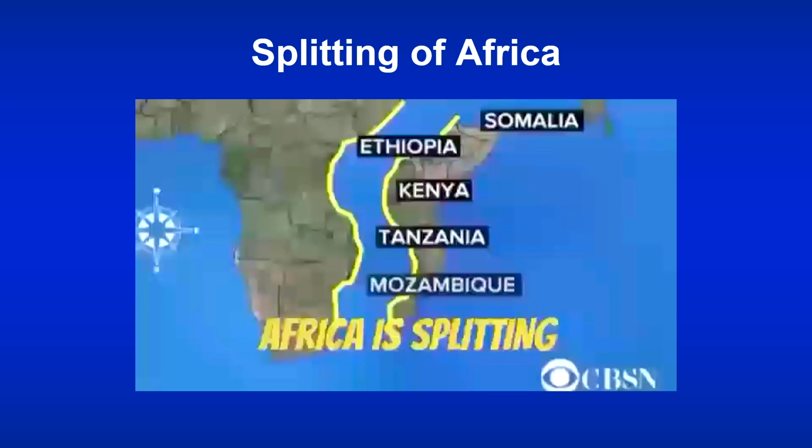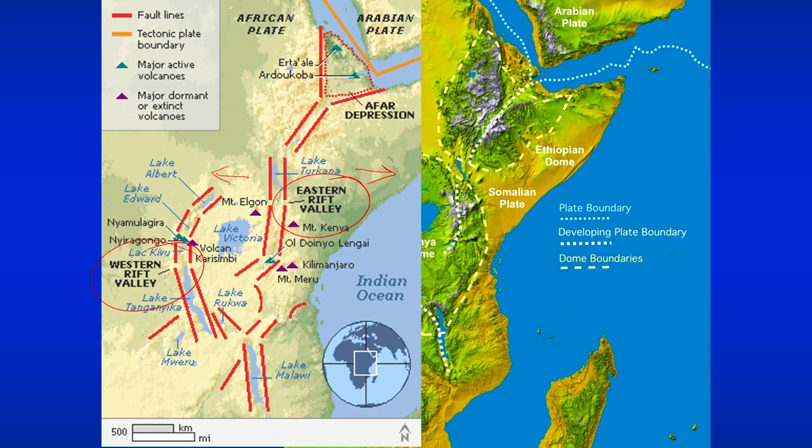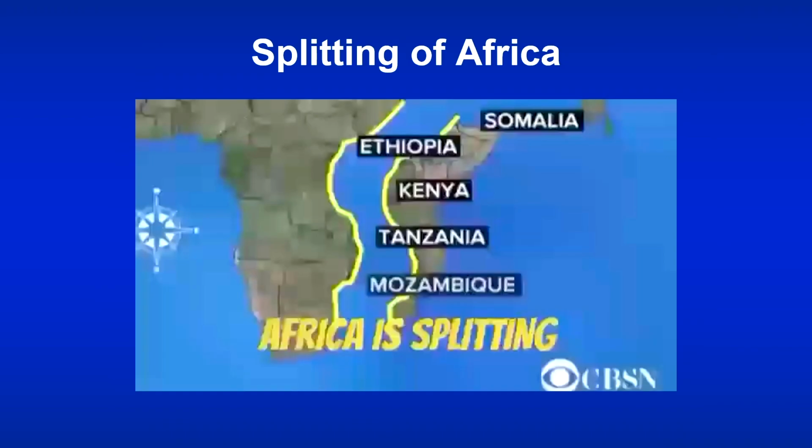So, as we see here, this one is the major one, but this whole together will result in the drifting of one plate from another one. Okay.